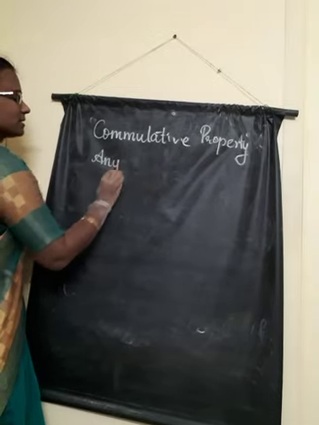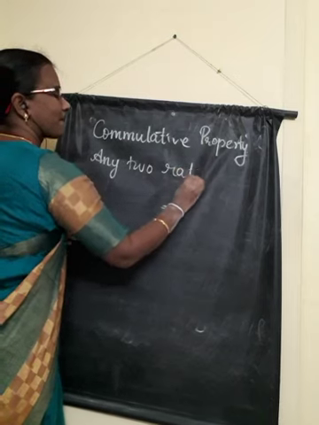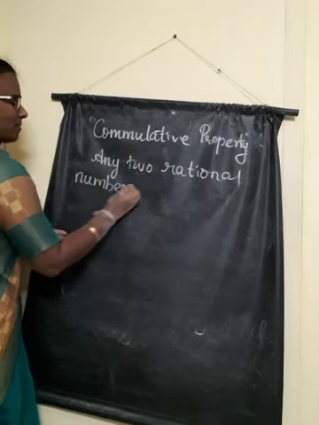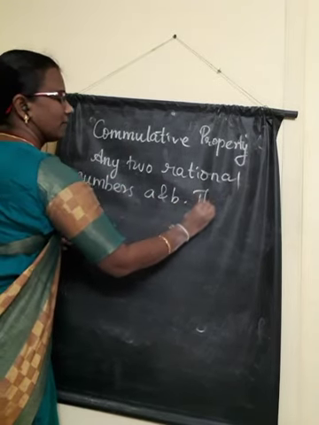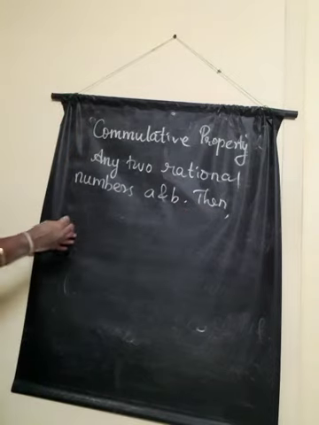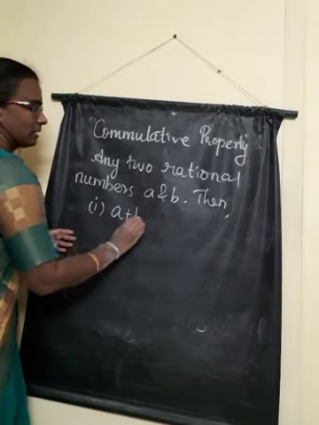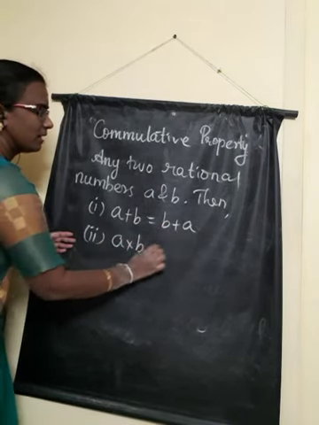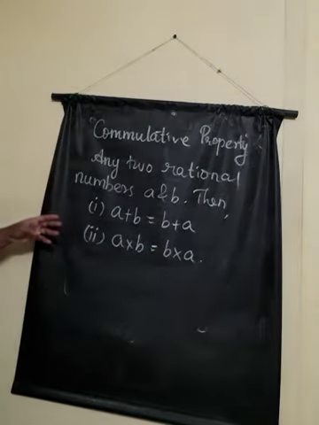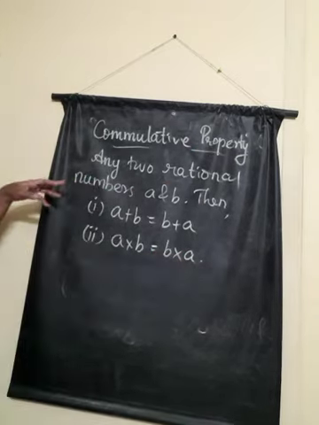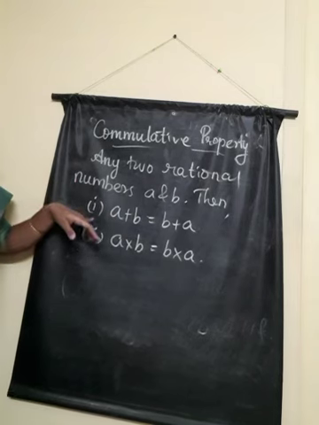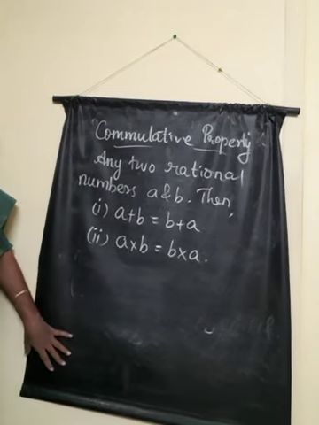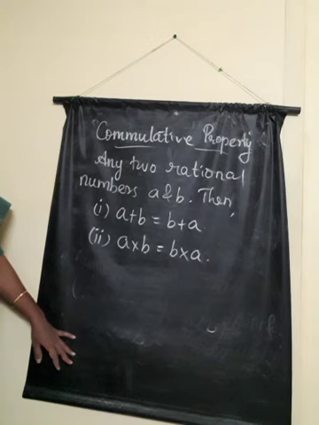Any two rational numbers A and B, then first one is A plus B is equal to B plus A. Second one, A into B is equal to B into A. Commutative property.